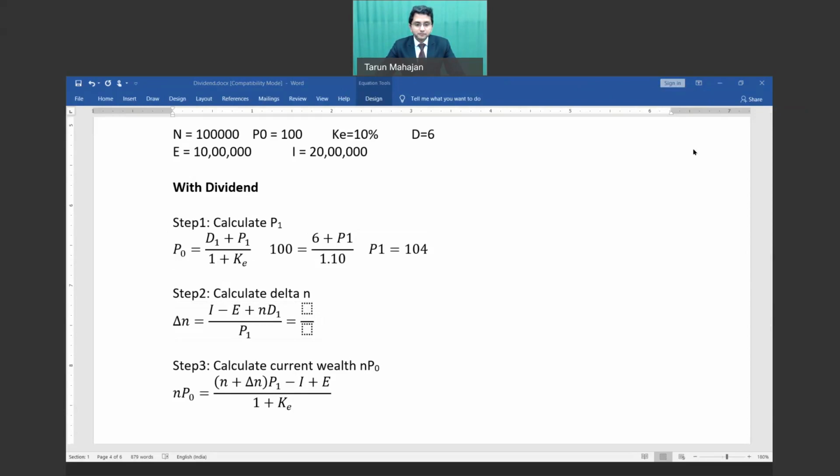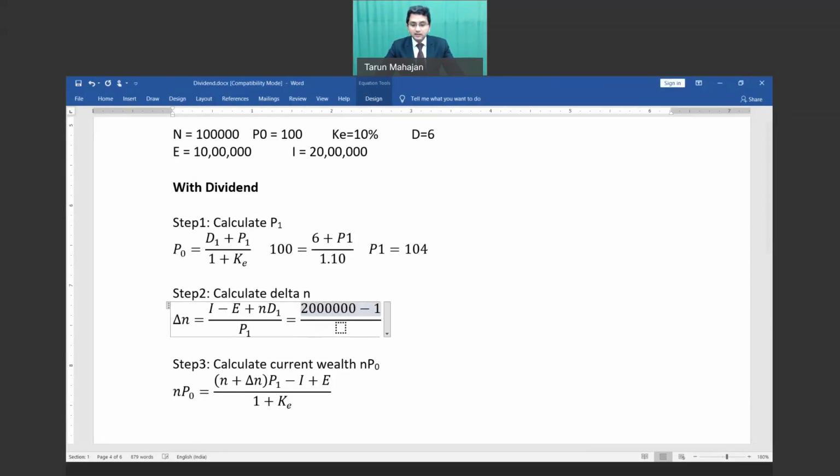So that's why, if you distribute more dividend, then how will you fund expansion of business? Then you will have to issue new shares. So how many new shares are to be issued? That is delta N.